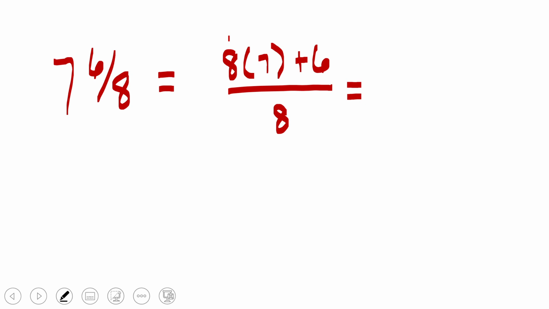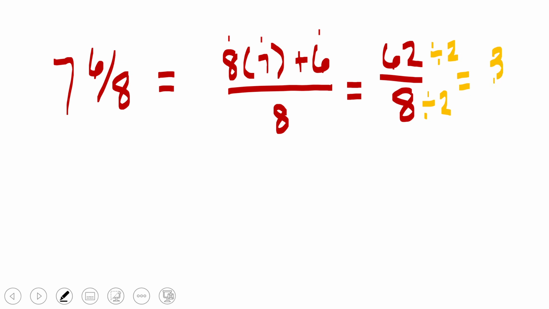Will equal 8 times 7 is 56, plus 6 is 62, divided by 8. To reduce this, the greatest common factor is 2. We divide the top and the bottom by 2. And our final improper fraction in simplified form is 31/4.